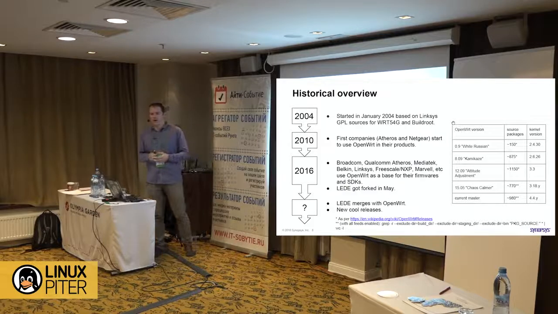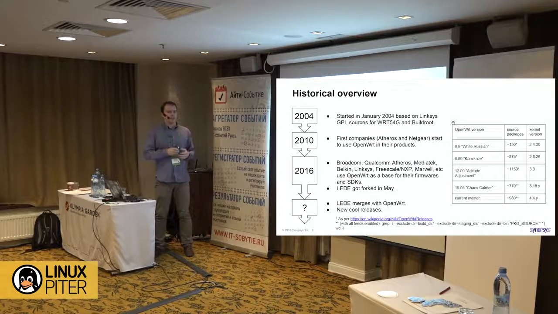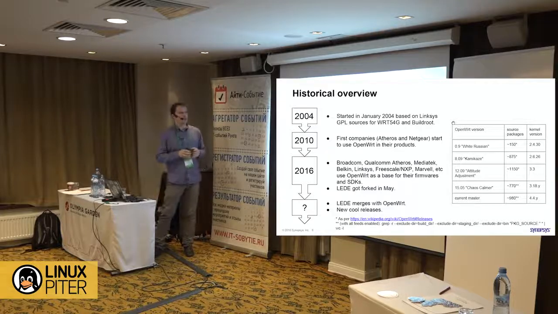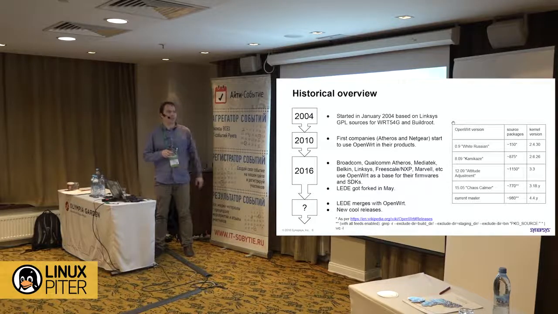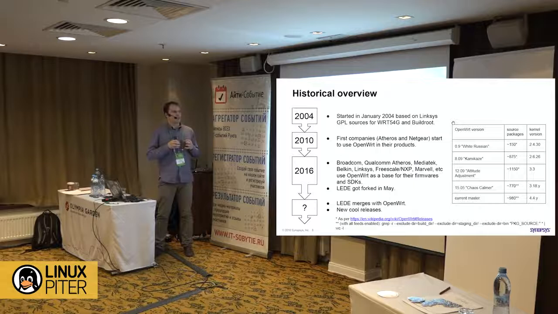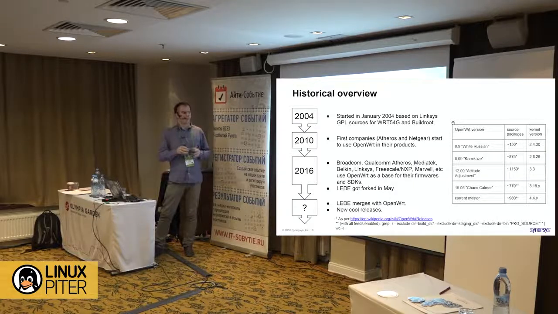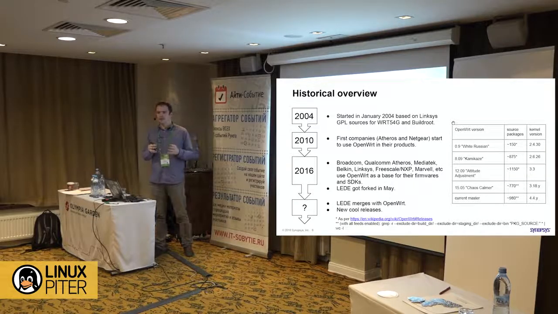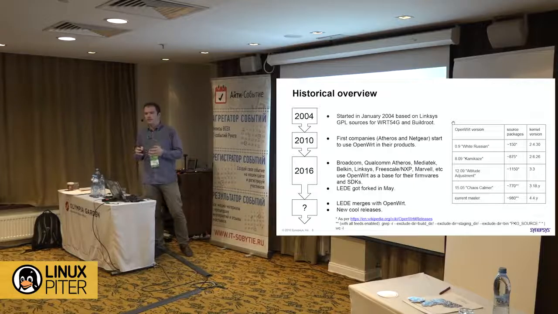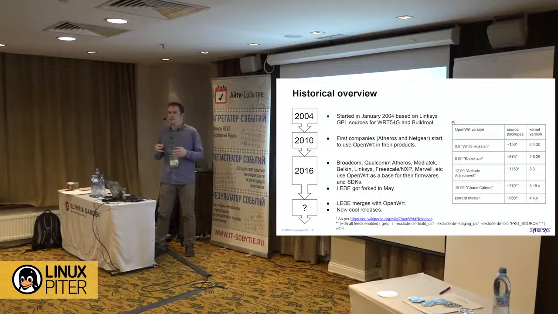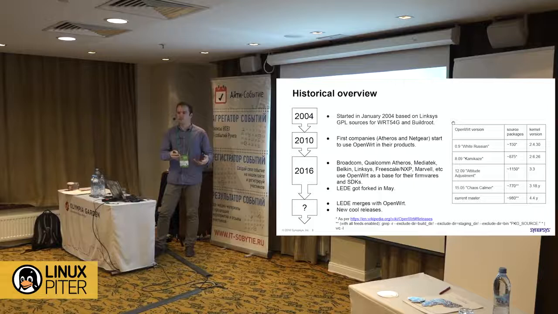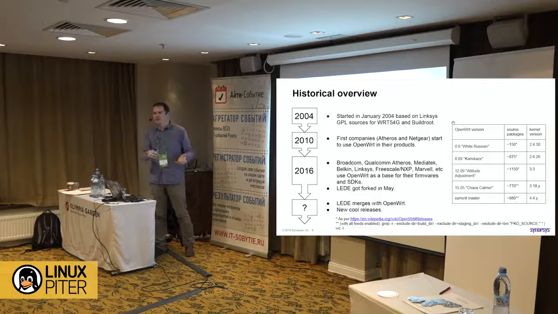Now looking back at history, the project started more than 10 years ago, in Germany, when the first wireless router made by Linksys was implemented such that it used the Linux kernel inside as a base of its firmware. And since Linux is GPL based, the community started to push Linksys to provide sources so they could reproduce the same image.